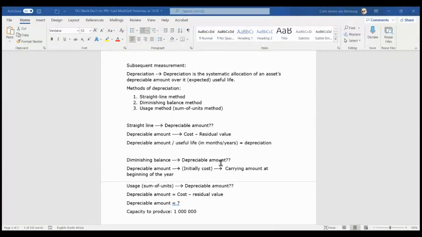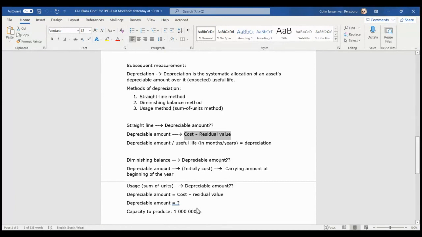When it comes to the straight line method, what is going to be your depreciable amount? Ladies and gents, that's why there's a question, straight line. What is the depreciable amount? We ask ourselves that question. In the case of the straight line method, the depreciable amount is the cost less the residual value.